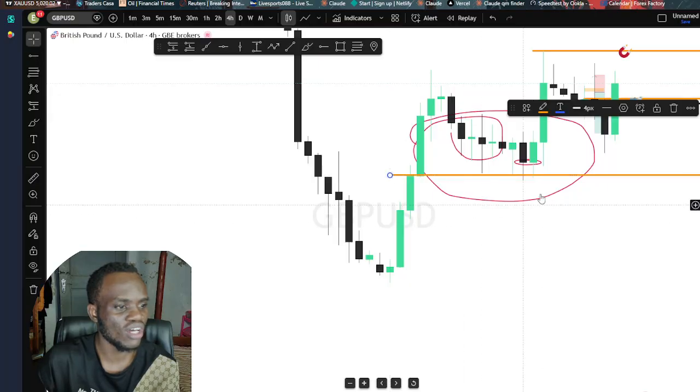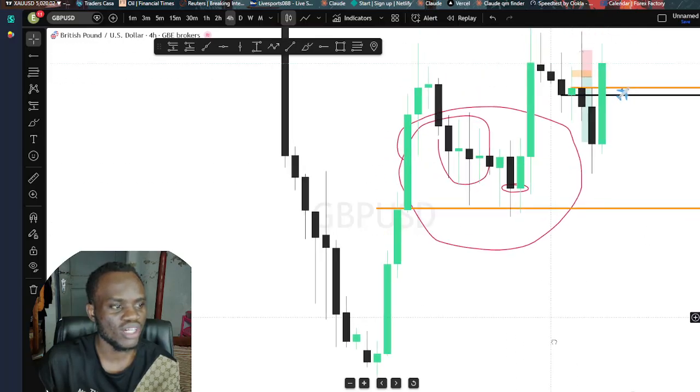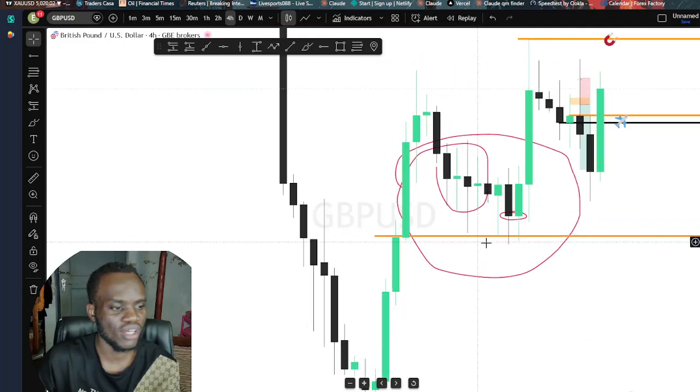You can see around here, when we rejected this zone, because here we're rejecting coming to this zone. So when we rejected this open and close gap, first of all we had to reject this open and close gap here. After rejecting it, the market formed a resistance zone here, so we just had to put our entry here.